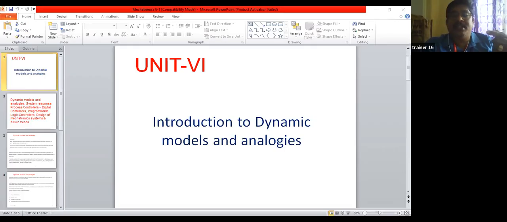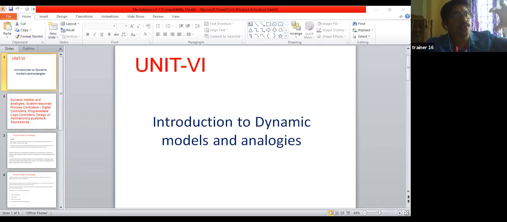This analog signal conditioning is also there in unit 5: analog signal conditioning, operational amplifiers, noise reduction, filters. These are the electronic components or devices we studied in Unit 2.